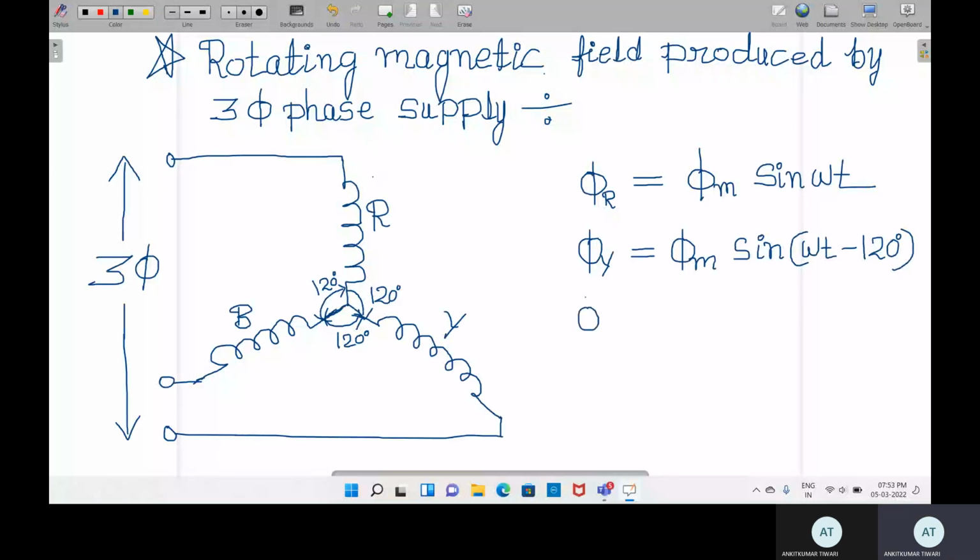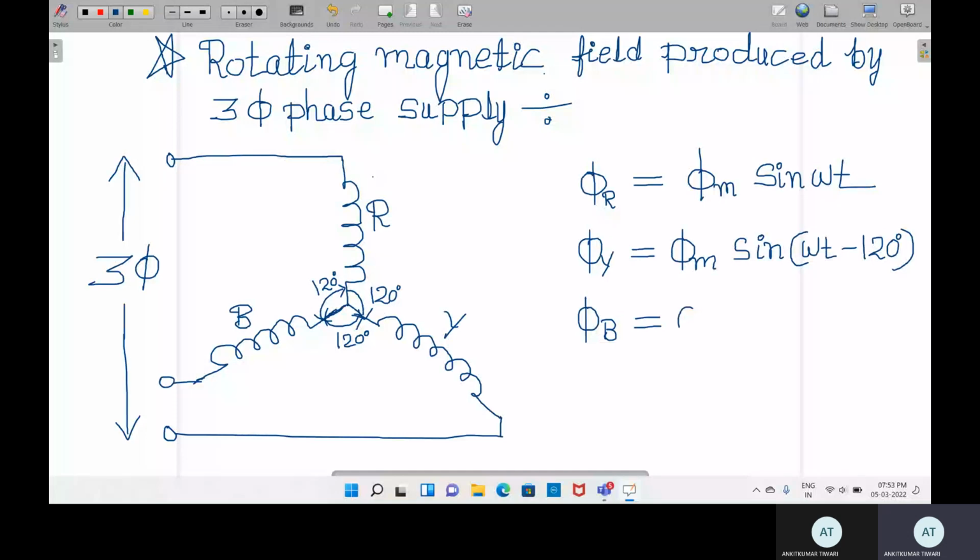There will be the third flux, phi B. Phi B flux will be produced by the coil B, which is at 240 degrees from the flux phi R. Means coil B is placed 240 degrees apart, or displaced, from the coil R. So its flux will also be displaced around 240 degrees.